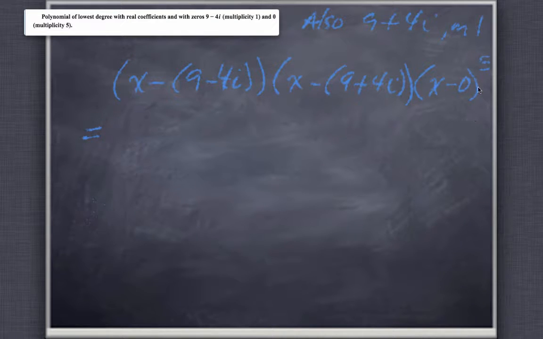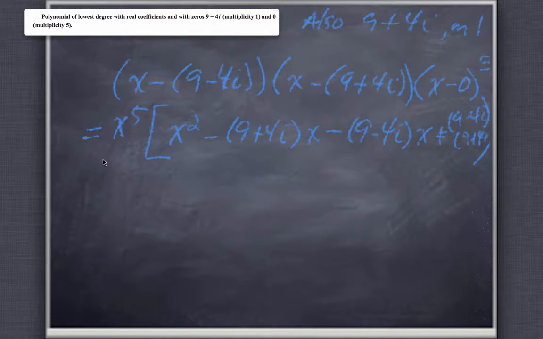So this part's just x to the 5th, and then we have x squared minus 9 plus 4i times x minus 9 minus 4i times x plus, running out of room here, 9 minus 4i times 9 plus 4i equals x to the 5th times x squared, so minus 9x minus 4ix, and then plus 4ix, so those two cancel, and then minus another 9x.